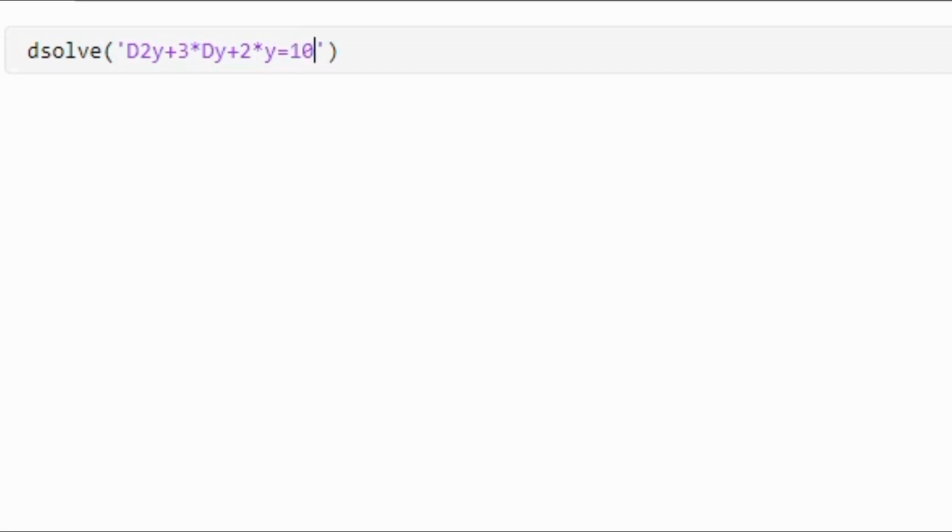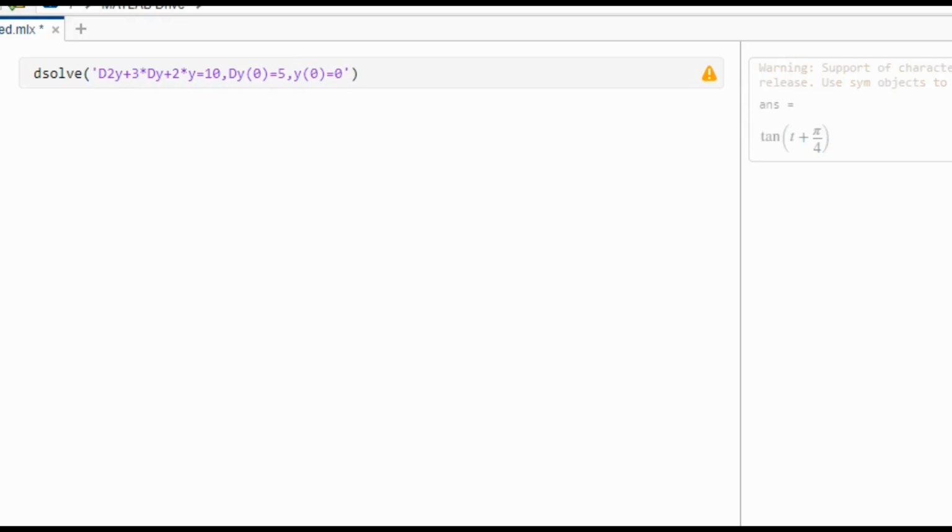Very simple. Then the initial conditions: Dy at 0 is equal to 5 and y at 0 is equal to 0. So after pressing the enter button, this is your required answer.